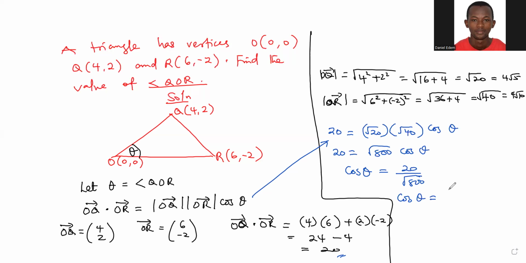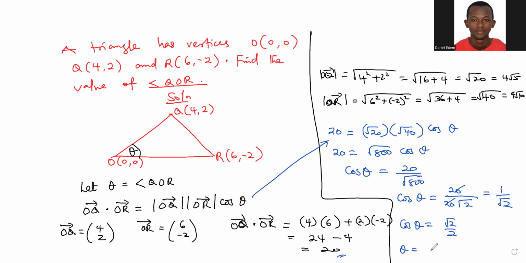So now 20 divided by this root 800 is the same as 20 over 20 root 2. So when this cancels, you're left with 1 over root 2, and cos theta is the same as square root of 2 on 2, rationalizing it, which I've taught you already.